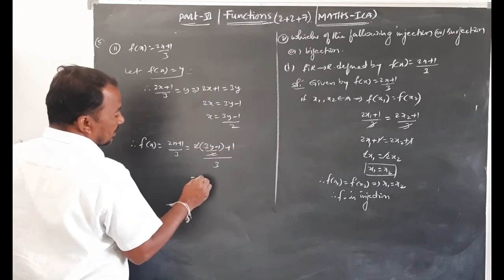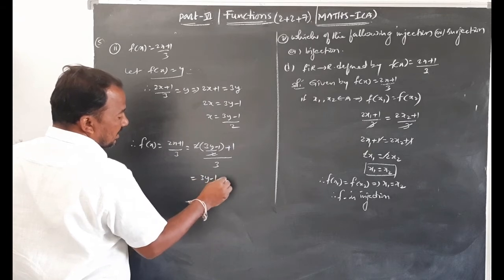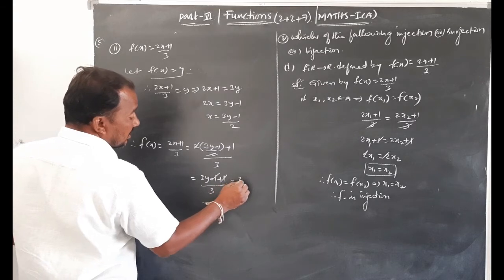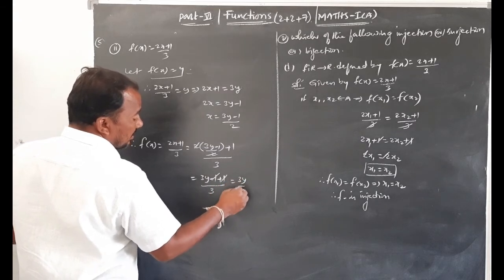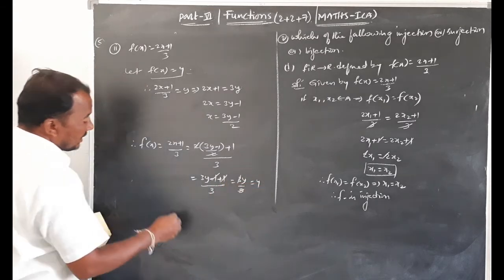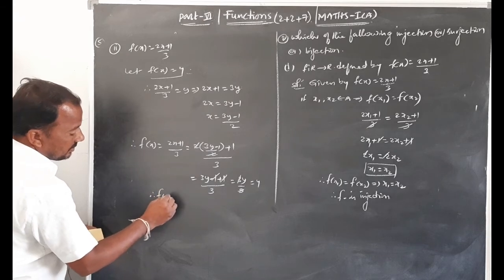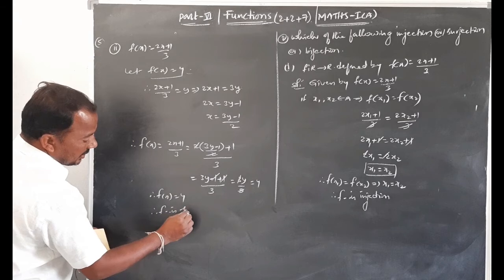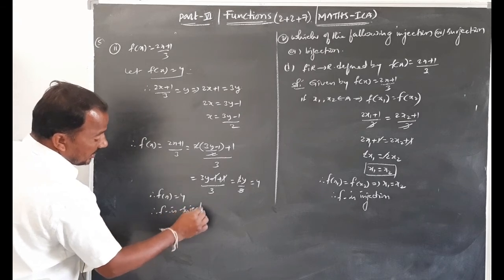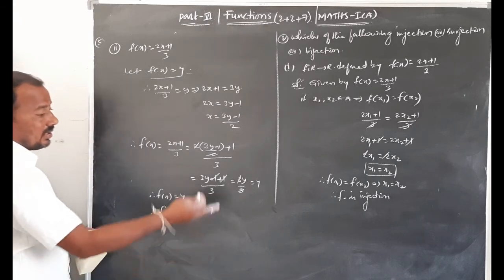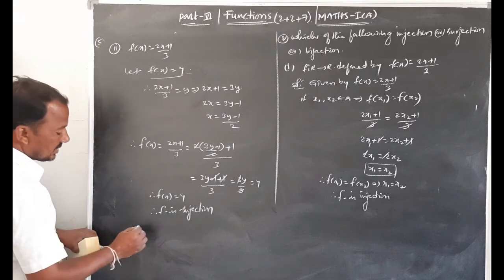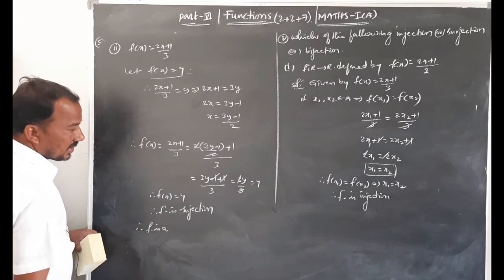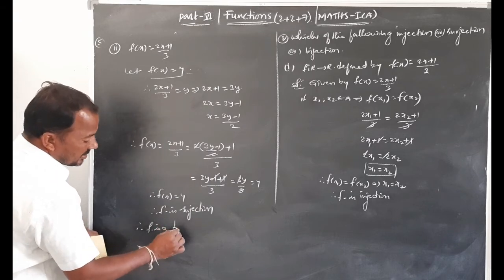The 2 cancels, 3y minus 1 plus 1 by 3, the 1 cancels, 3y by 3, the 3 cancels, giving y. So f of x equals y, and therefore f is a surjection. F is both an injection and a surjection, therefore f is a bijection.